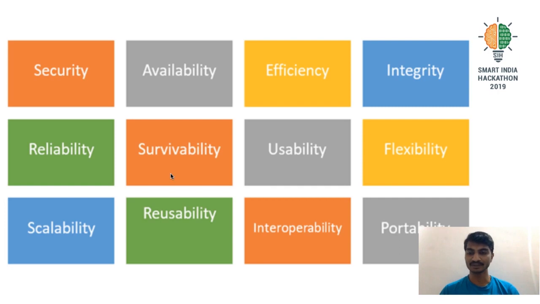It should behave in a reliable way every time. And then usability is another important factor, and scalability, because the application needs to be as easily scalable as possible, because without scalability, the application cannot grow.